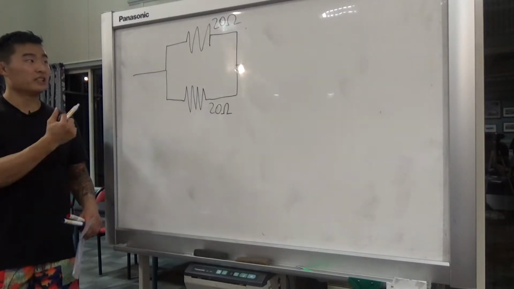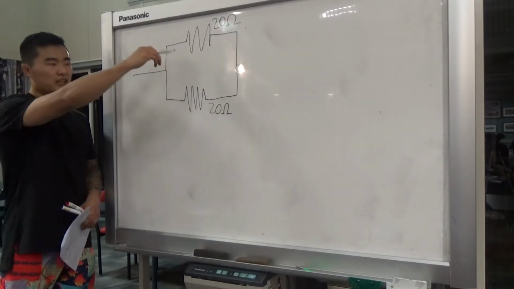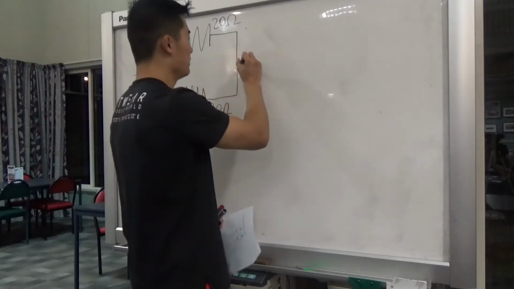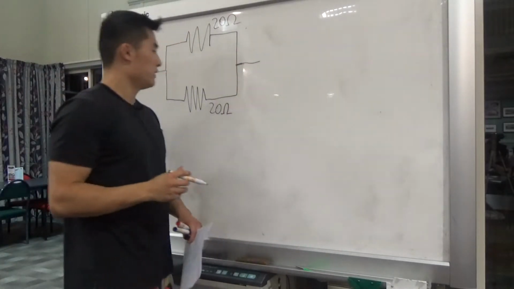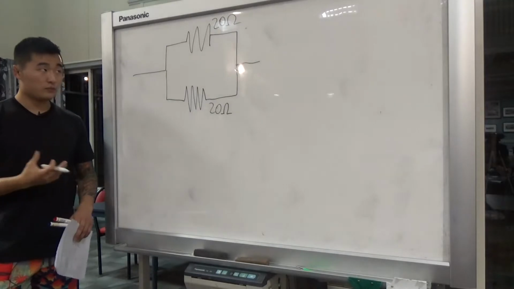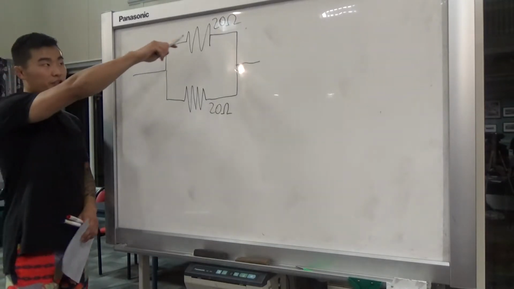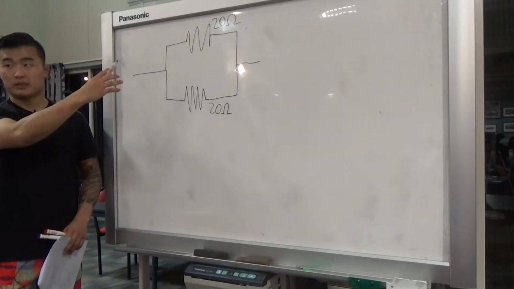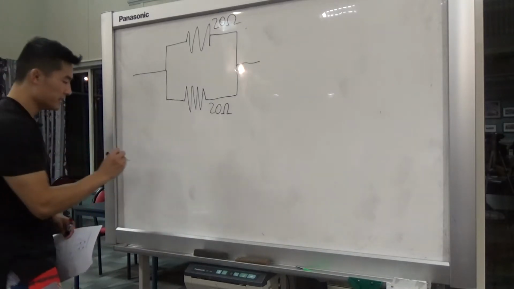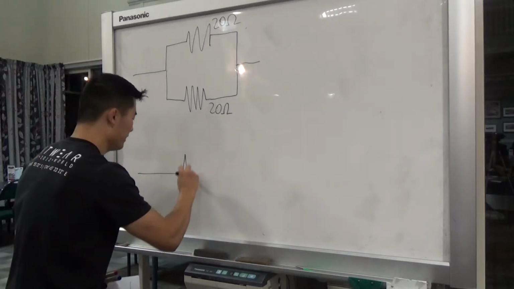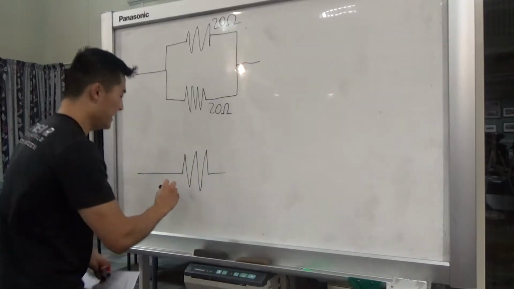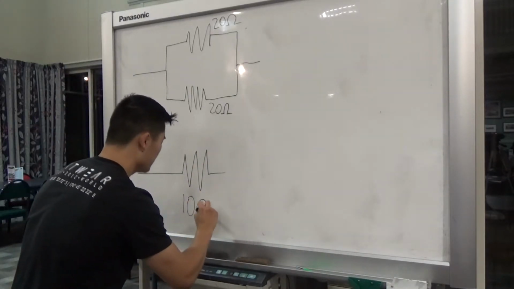So remember that if you have these two in parallel, you can just divide it by 2 because there's 2 of them, okay? So the effective resistance is the same as having one resistor that's 10 ohms, okay?